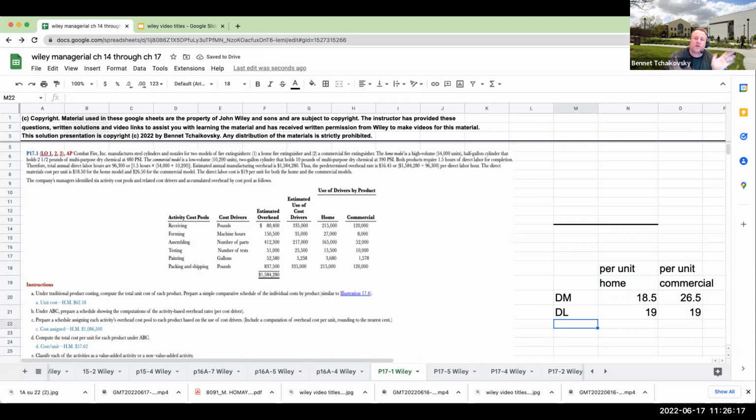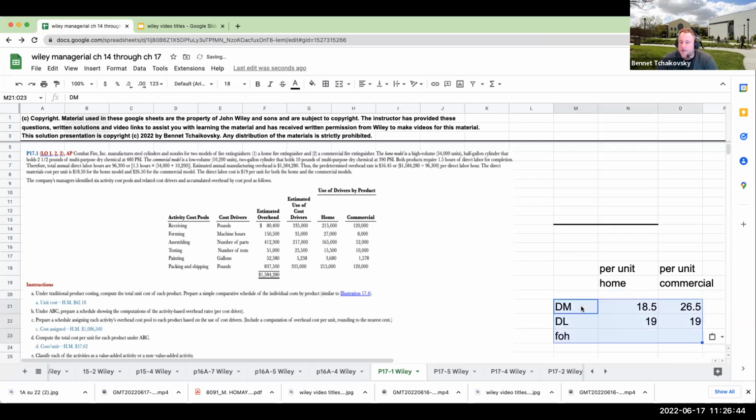Now, remember, going back to our T account and what goes into our unit cost: direct materials, direct labor, but also factory overhead. And factory overhead, if we're using applied overhead, can be extremely subjective.